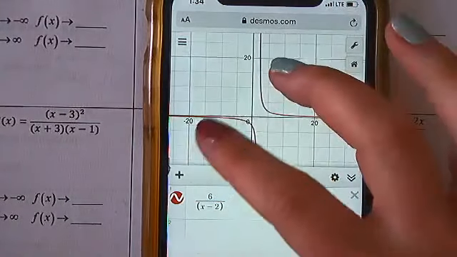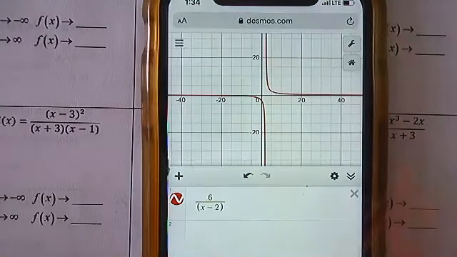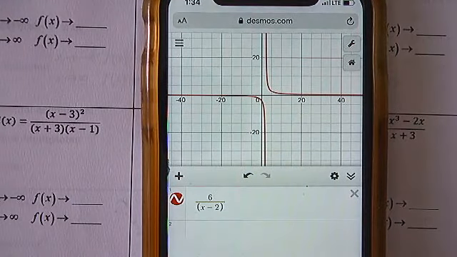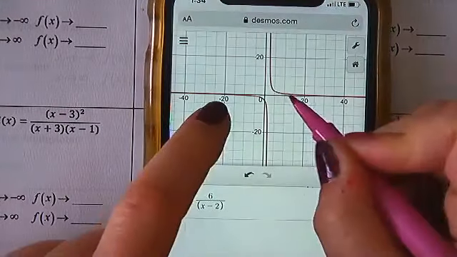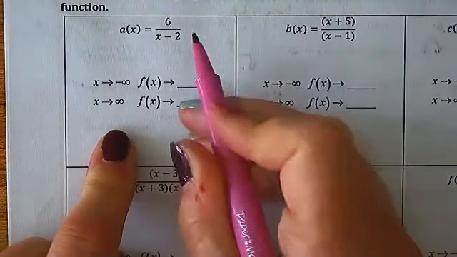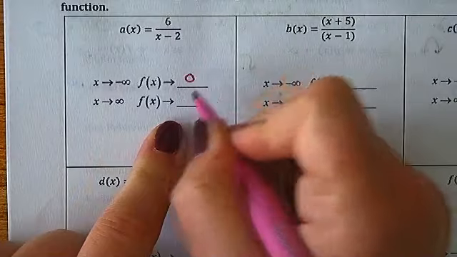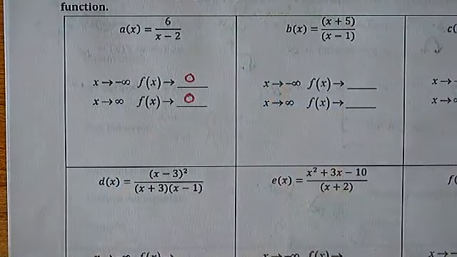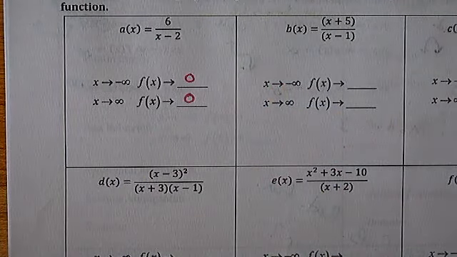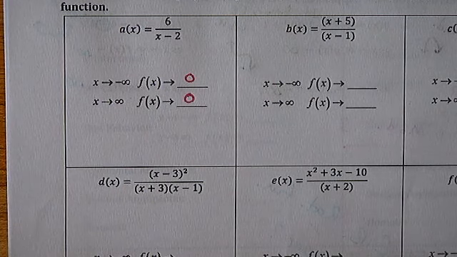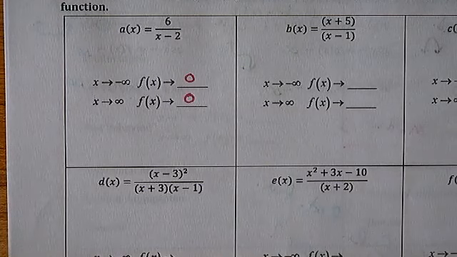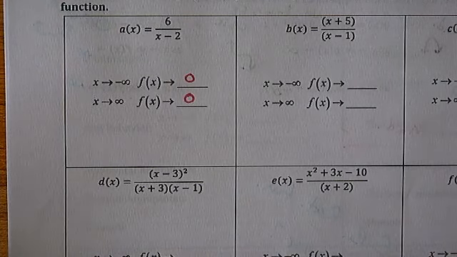So that means that this end behavior for this rational function, it's approaching the x-axis, which means that it's approaching 0. So for this first one, these guys are approaching 0.